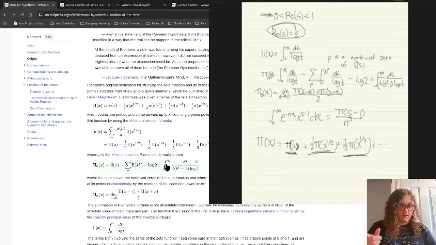So it may look like there are an infinite number of terms here, but there are actually a finite number because there will be an infinite number of zeros, which means this function should always converge, I would think.